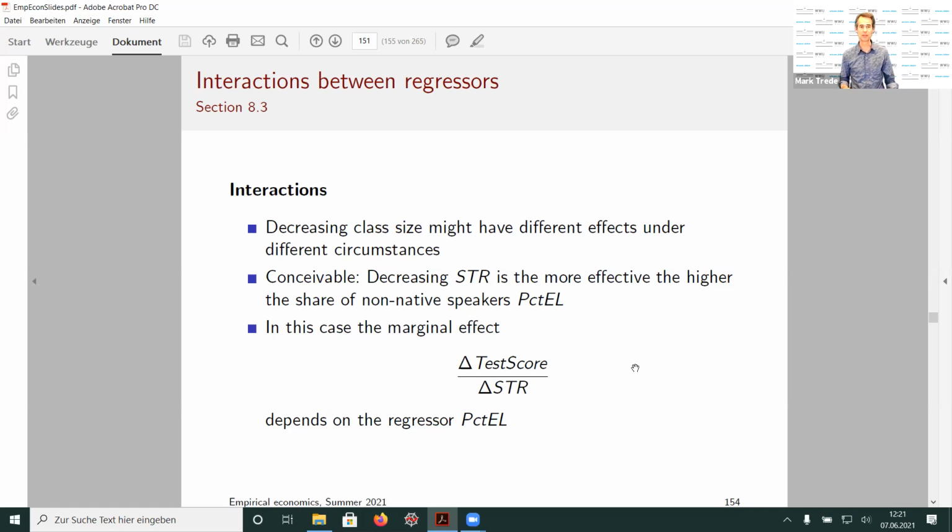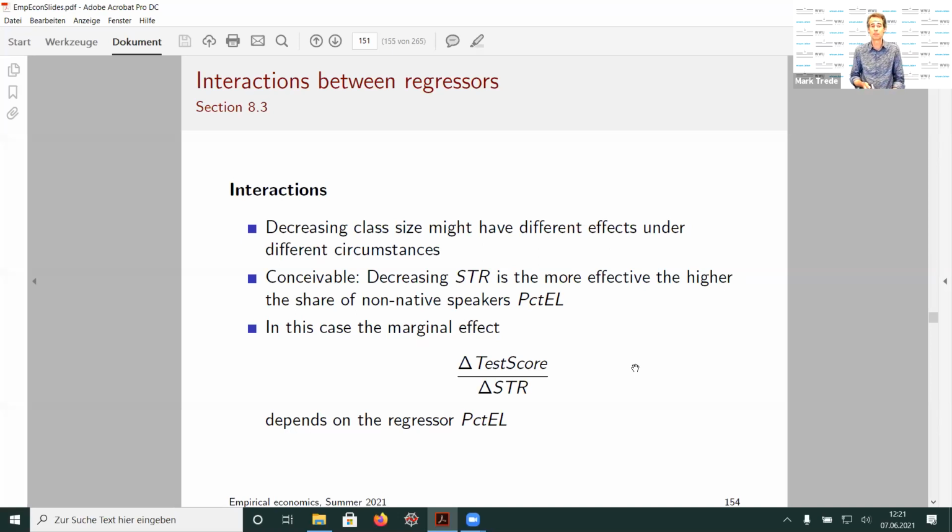But of course, if we think about the effect of class sizes on learning outcomes, we might assume that decreasing the class size might have different effects under different circumstances. So, for instance, decreasing the class size might not have much of an effect in districts where most students speak English well, but it might be really important for those districts where the students do not speak English as a native language.